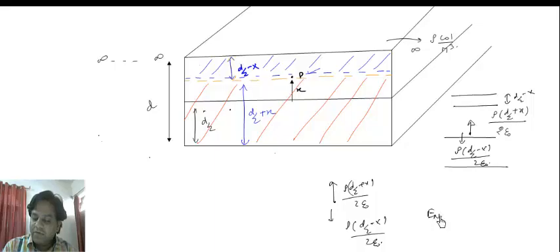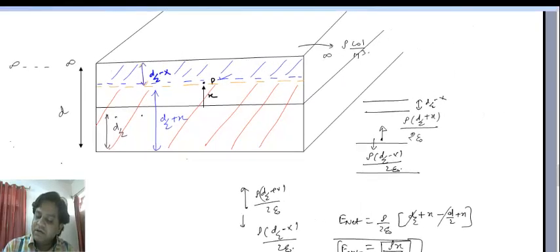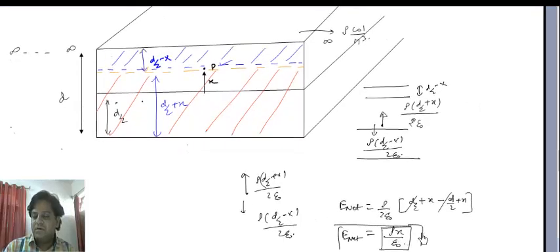The net electric field at point P will be rho by 2 epsilon naught common, and what I get here is d by 2 plus x minus d by 2 plus x, right? So what I get here is rho x by epsilon naught. So this is the net electric field at point P, which is inside the slab.